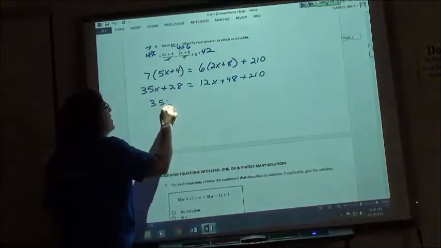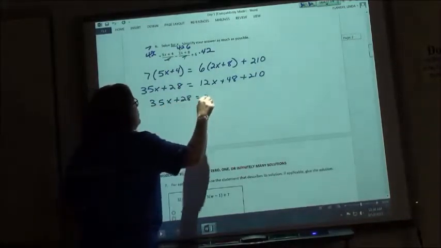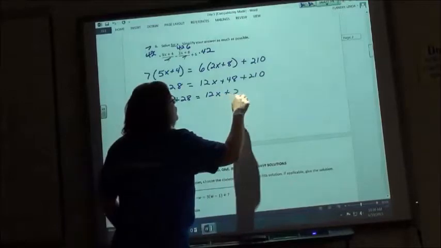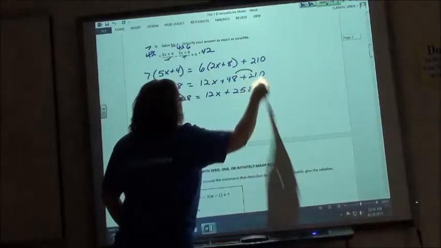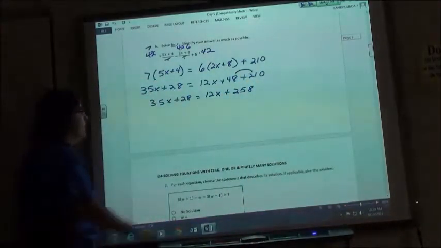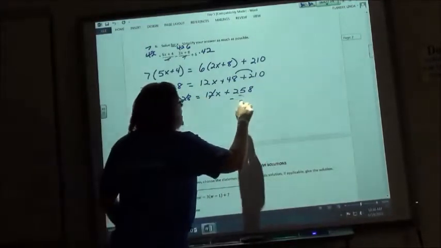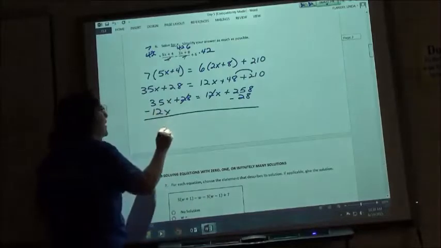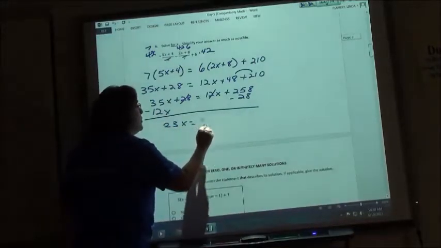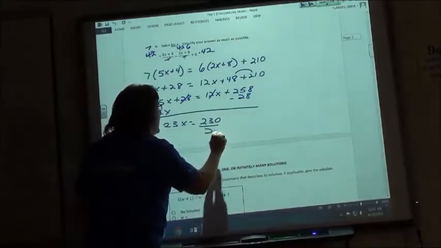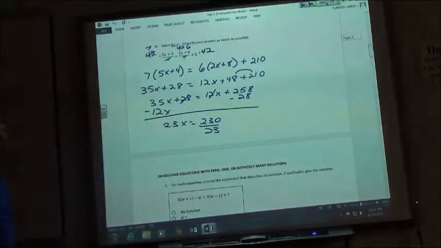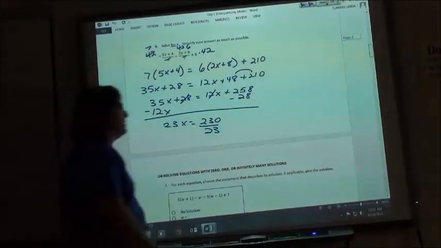So 35x plus 28 equals 12x plus 258 when I combine my like terms there. I have to minus my 12x and subtract my 28. I get 23x equals 230, and if I divide by my 23, x is just going to be 10.